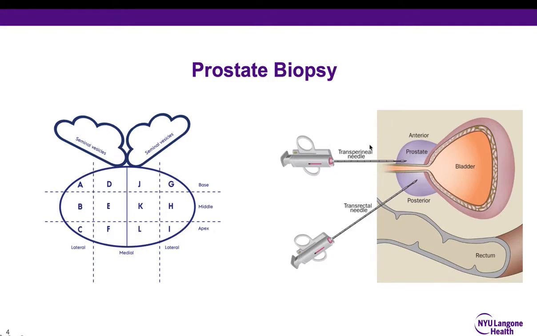You can see here on the right of this slide that the transrectal probe can be used to insert the needle and obtain a transrectal sample. However, the probe can also be inserted through the perineum into the prostate to obtain tissue samples that way.